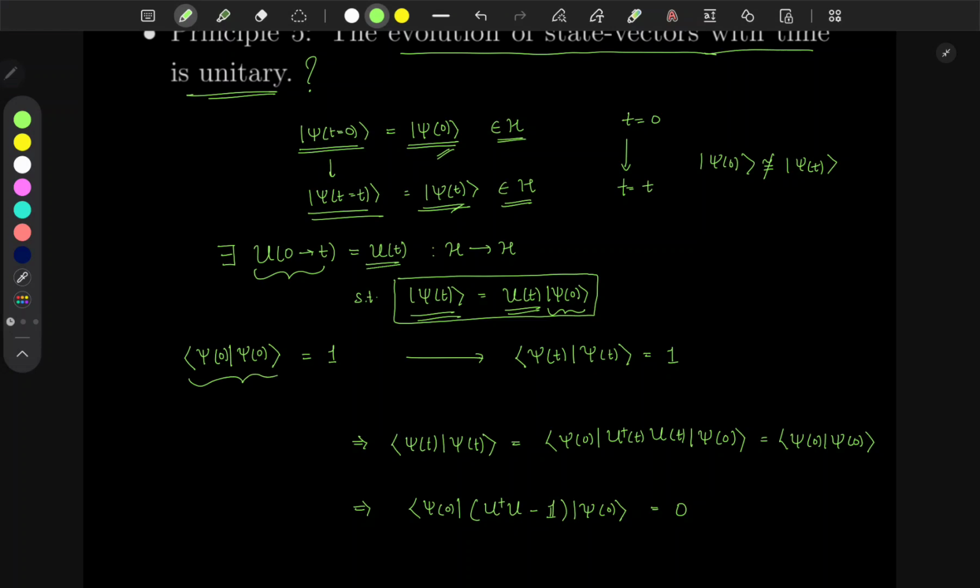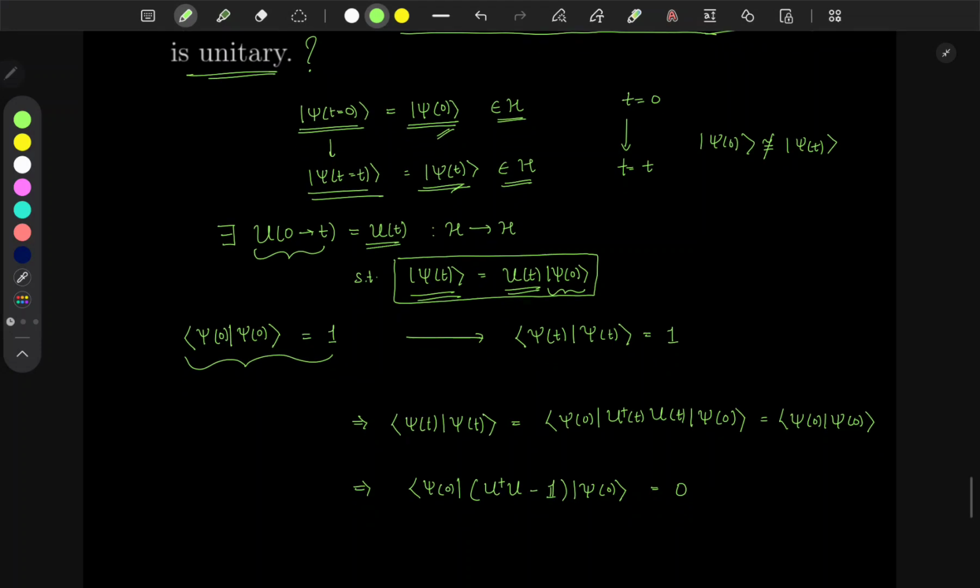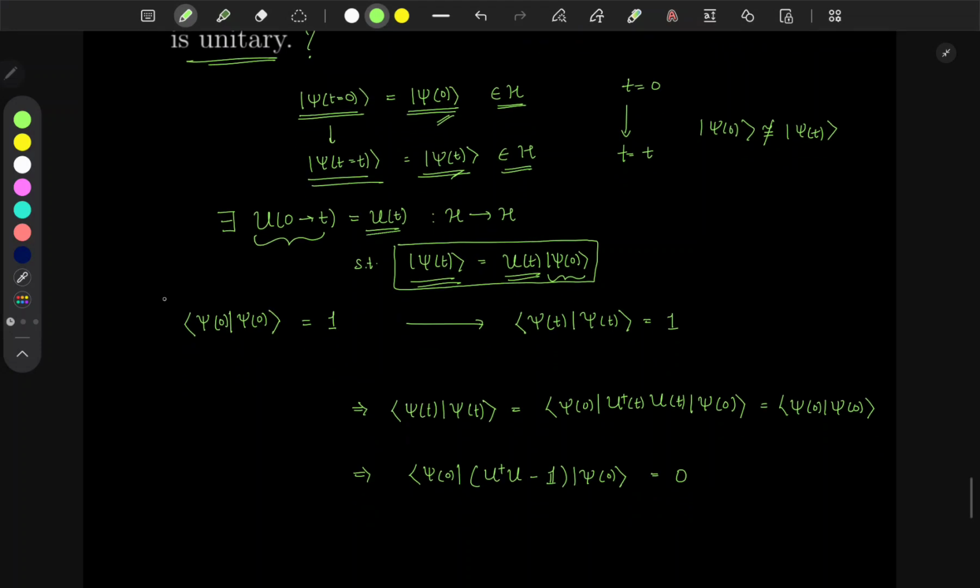Initially you start with a normalized vector, that is, the norm of psi of 0 is equal to 1. Now what does this normalization condition exactly mean?